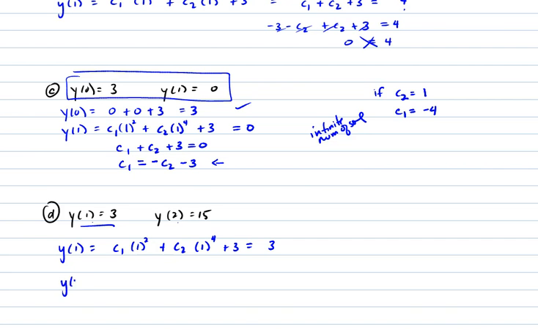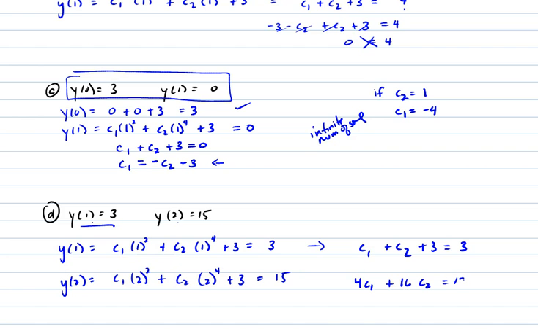And then y of 2 is C1 times 2 squared plus C2 times 2 to the fourth plus 3, and that needs to be 15. So from this equation I get C1 plus C2 plus 3 equals 3, and from this one I get 4C1 plus 16C2 equals 12.